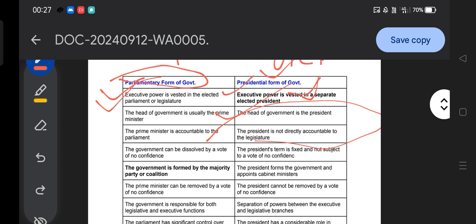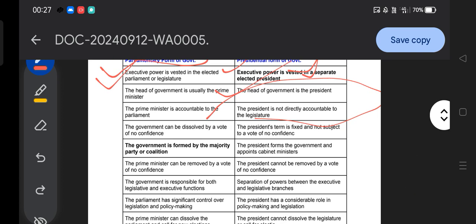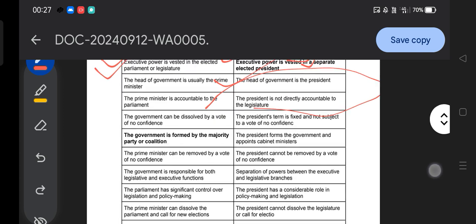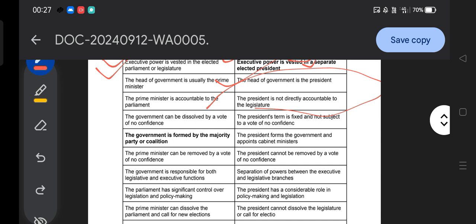Unlike that, in the presidential form, the president's term is fixed and not subject to a vote of no confidence. Then the president forms the government and appoints the cabinet ministers. So who appoints the cabinet ministers? The president appoints the cabinet ministers and forms the government. The president cannot be removed by a vote of no confidence.